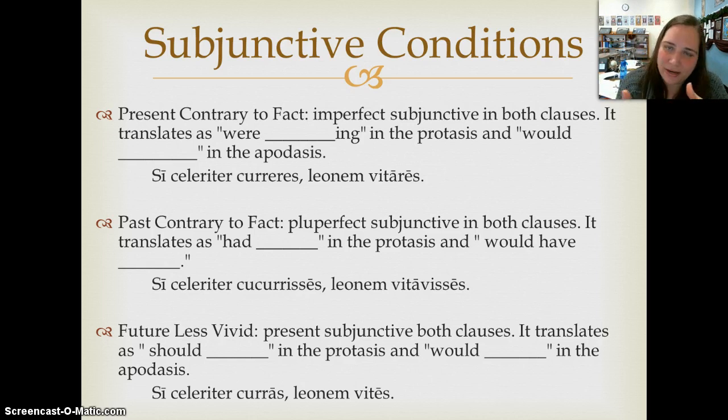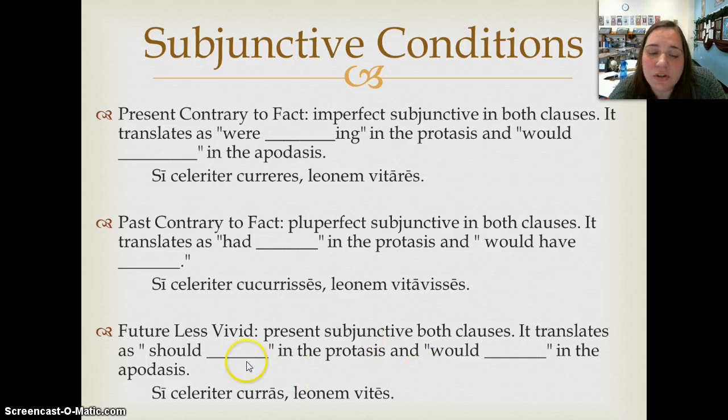The future less vivid is the opposite of the future more vivid. This is something that is less likely to happen in the future, as opposed to the indicative, which is something that is more likely. Now, remember, the subjunctive mood does not have a future tense. There's no future subjunctive, so you have to use the present subjunctive in both of these.